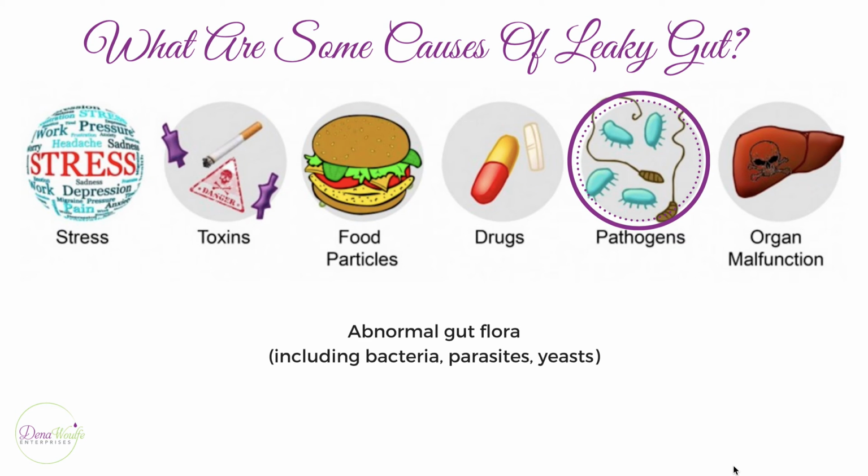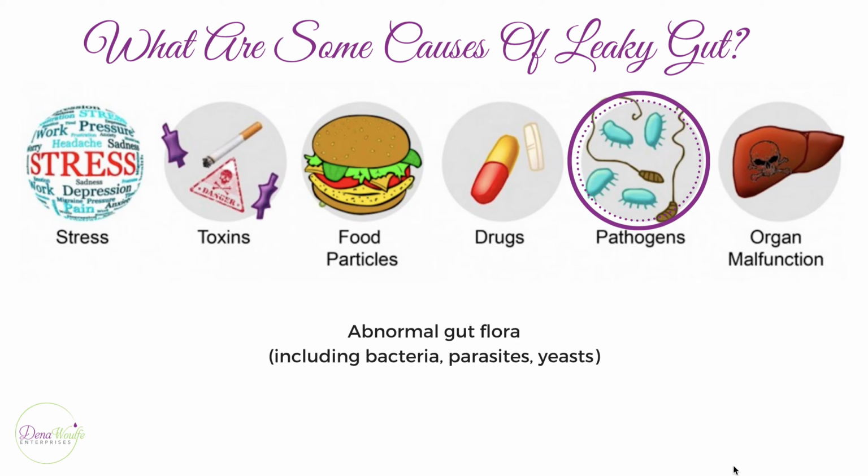Now, also abnormal gut flora. That's going to include things like bacteria, when we have way too much bacteria in the intestinal wall and intestinal lining running through our digestive tract, as well as parasites and yeast. An overabundance of any of those is really going to offset that gut flora. That entire gut is its own ecosystem.